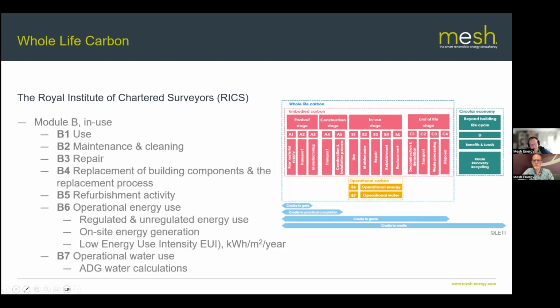Then we get to Module B. And this is all about building in use. So post-completion, we're looking at taking into account maintenance and repair and cleaning, replacement of building components. So it's important to understand the life cycle of external glazing systems, for example, the types of doors you might be specifying.